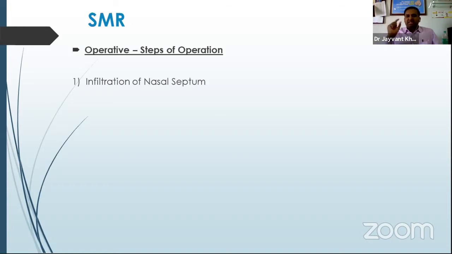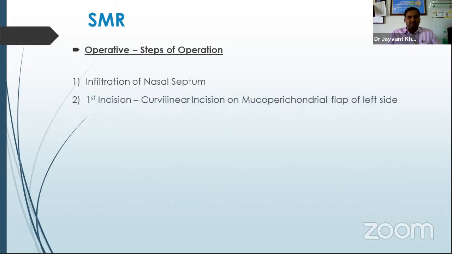Blanching will be seen on the nasal septum, turbinates or nasal mucosa. Then we can confirm it as infiltrated. Okay. First step is infiltration of the nasal septum or surrounding sites of the operative procedure.